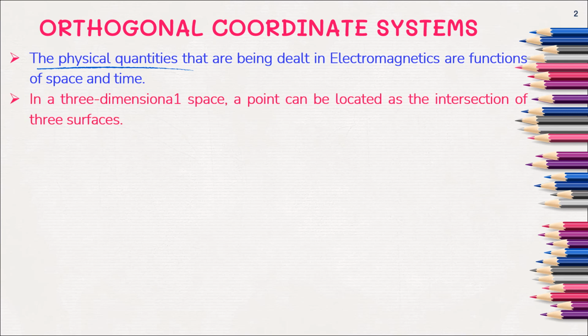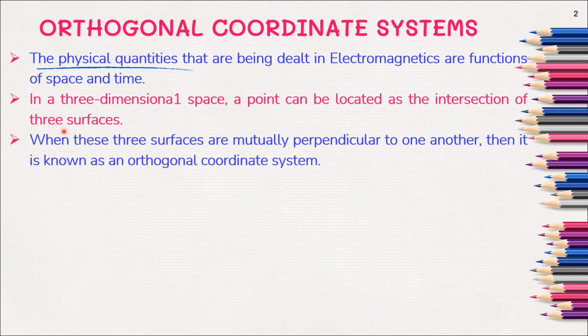A point in the three-dimensional space is going to be located as a function of three surfaces. That is, it is going to be an intersection of three surfaces. Since the three surfaces are mutually perpendicular to each other, we call it an orthogonal coordinate system.